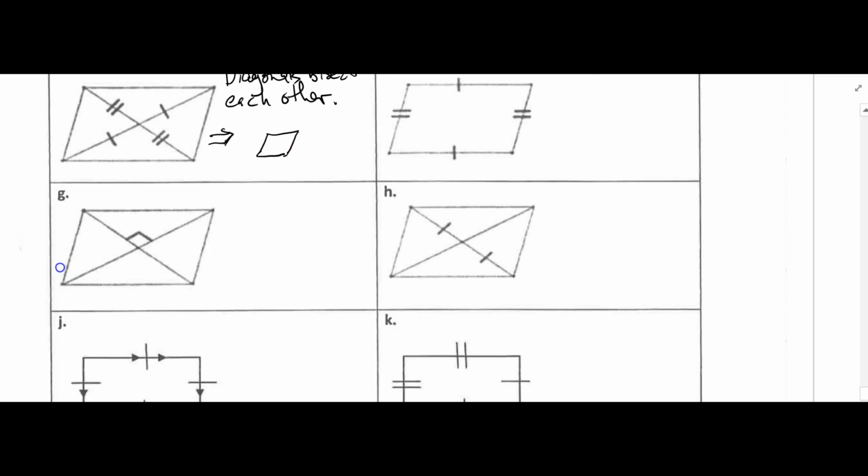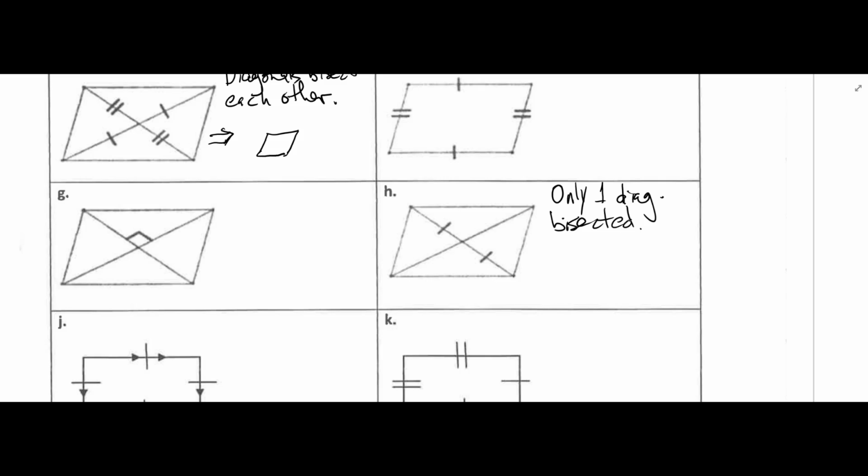Alright, let's look at H. In this one, we can see that only one diagonal has been bisected. Okay, so if only one diagonal is bisected, it may not even be a parallelogram.